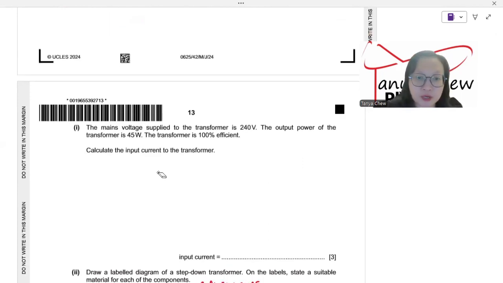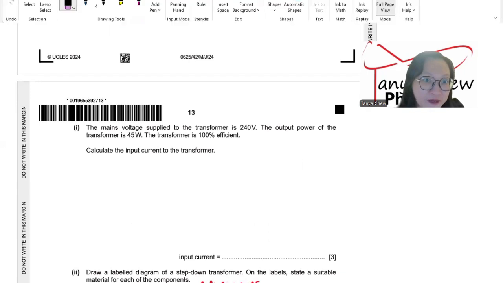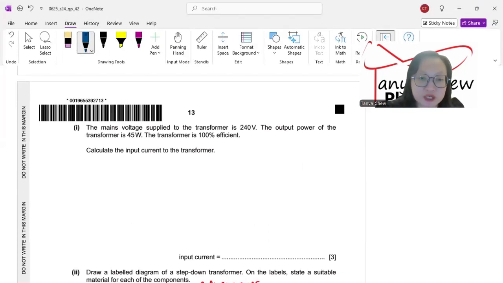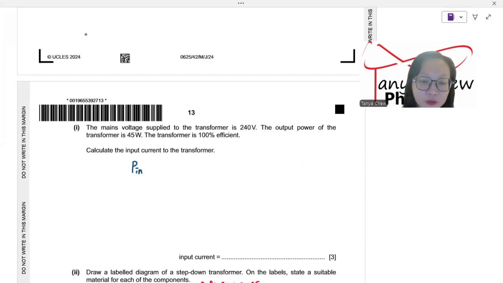So, input current, 100%. Let me review a little bit. 100% efficient, meaning to say that the input power of the transformer must be equal to the output power of the transformer. Input power is equal to IV. I input, V input is equal to I output, V output. Now you just need to find the input current.